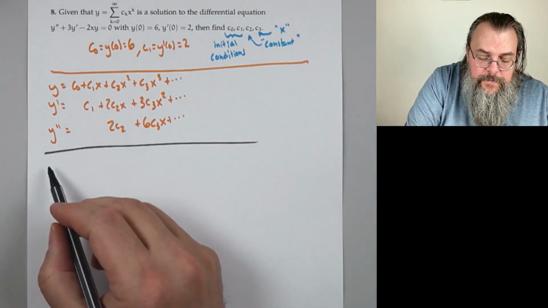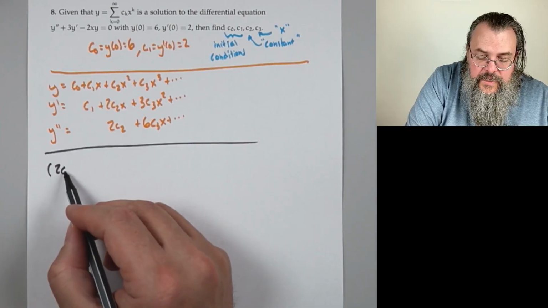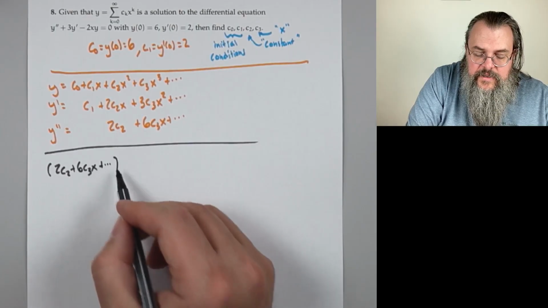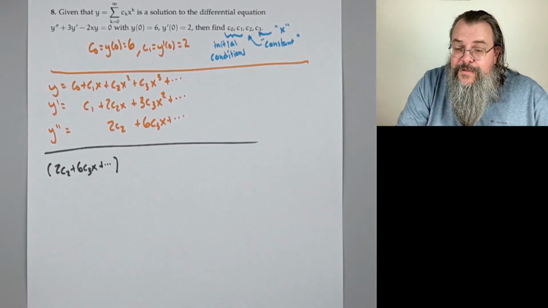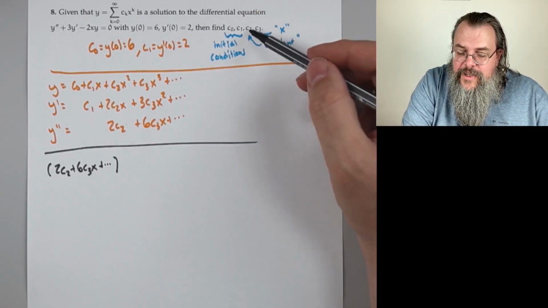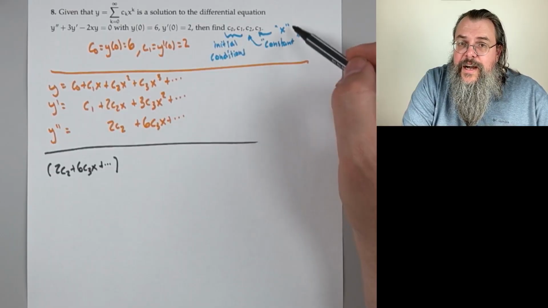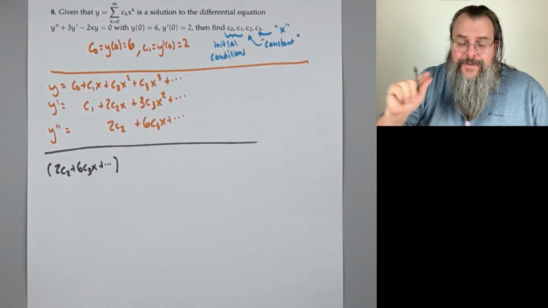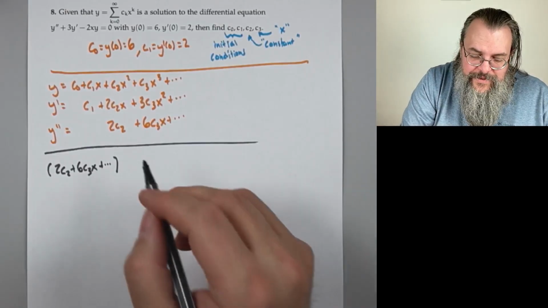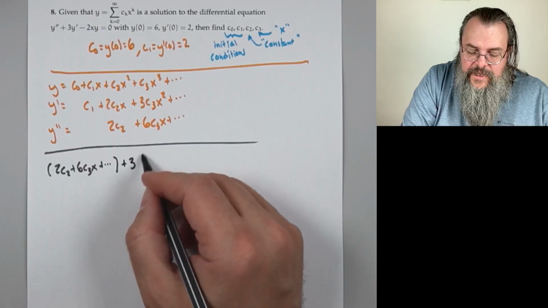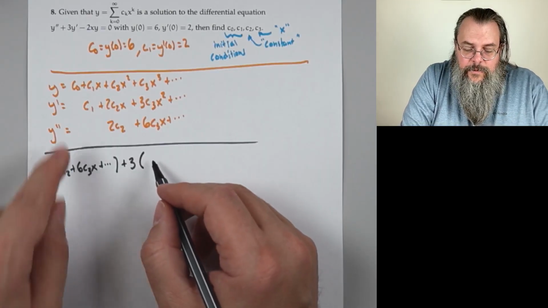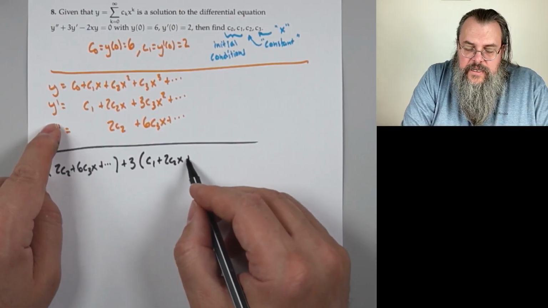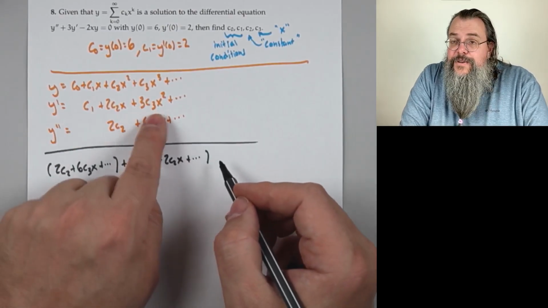So for y double prime, I'll have 2c2 plus 6c3x and dot, dot, dot. Now, before I go too much further, remember what I said. I need the constant term to get me c2. I need the x term to get me c3. So the x squared and above, I don't need. So keep that in mind as we do our next pieces. Plus 3 times y prime: c1, 2c2x, and then dot, dot, dot, because I don't need the x squared term.